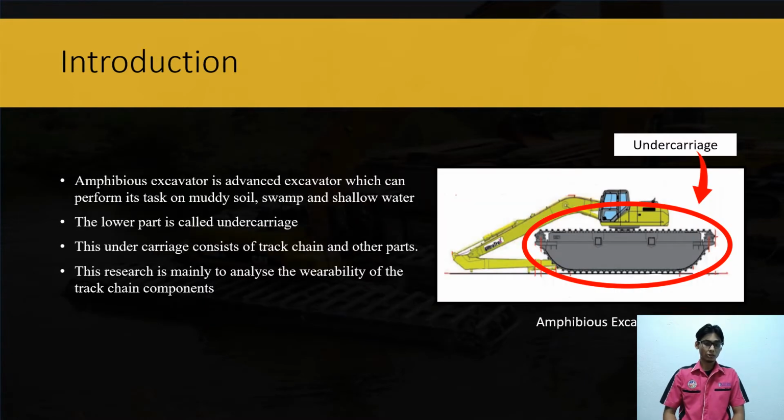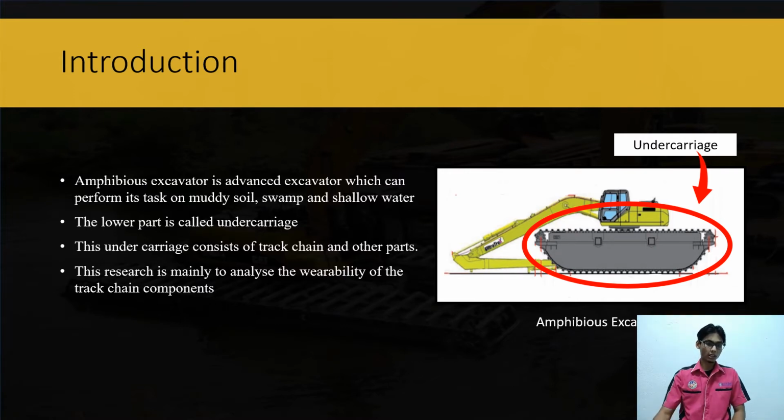For the introduction, this research is mainly to test the reliability and durability of the track chain components of an amphibious excavator. So what is an amphibious excavator? An amphibious excavator is an advanced excavator which can perform its tasks on muddy soil, swamp and shallow water, different from the normal excavator.